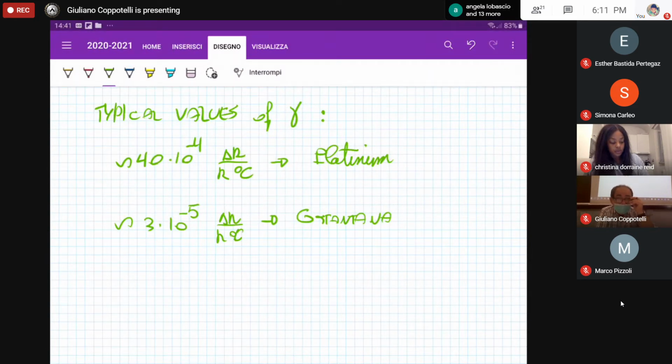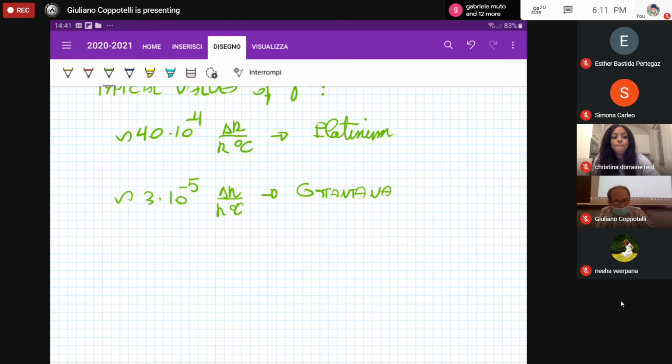Just to be explicit, let me see what happens to the change of the resistance, because I am operating those resistances at just 1 degree difference with respect to the reference one. So let me consider 1 degree Celsius in difference, so delta T with respect to the reference one is just 1 degree.